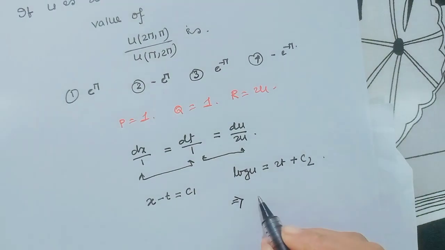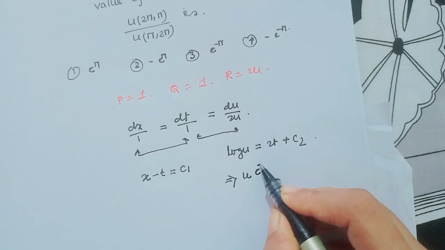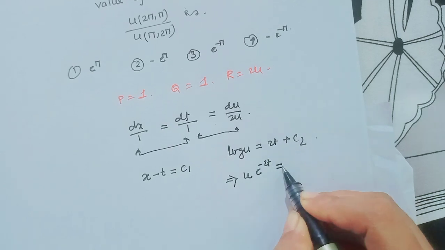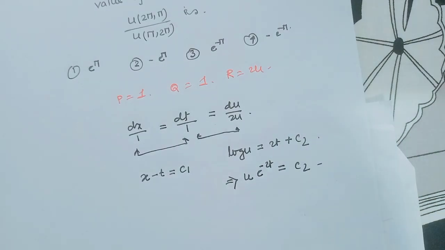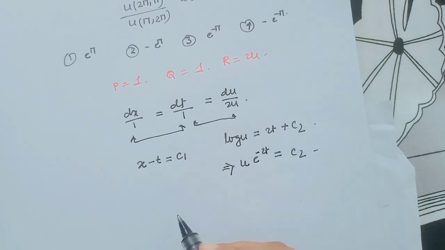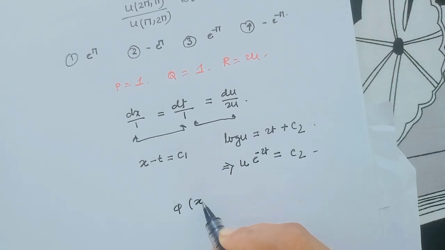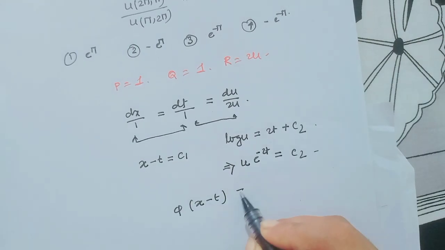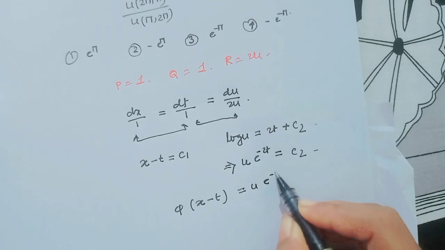That implies u e to the power minus 2t equal to c2. That means phi of x minus t equal to u e to the power minus 2t.